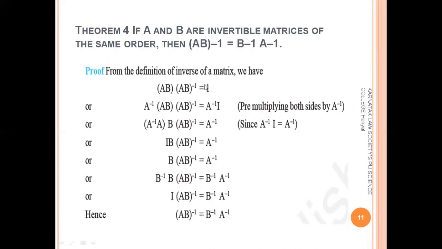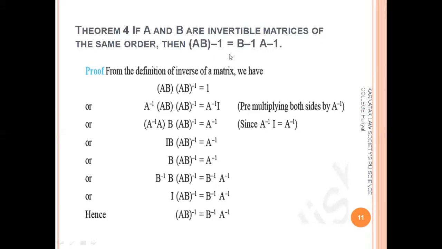From the definition of the inverse of a matrix, we need to write (AB)(AB) inverse = I. This I am writing with the help of A into A inverse = I. In place of A, I write AB, and in place of A inverse, I write (AB) inverse. That gives AB into (AB) inverse = I. We need to prove LHS equals RHS.